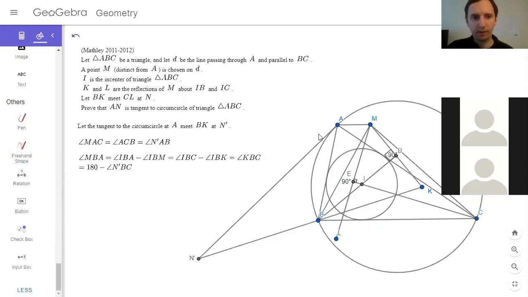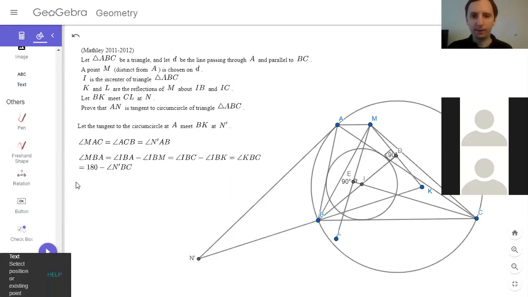Because angle MAC is equal to N prime AB and MBA is KBC, and basically KB is the same ray as N prime B. If we're using directed angles, the directed angle N prime BC is equal to the directed angle MBA, mod 180.